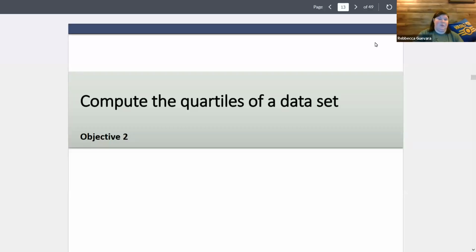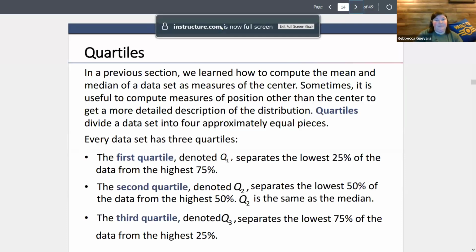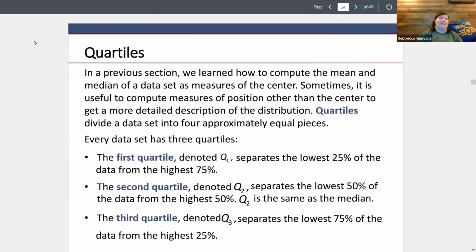Okay, so we're going to compute quartiles for a data set. Quartiles, because it's got the word quarter in it, are going to quarter your data. So it's going to split it into 4 equally sized areas.